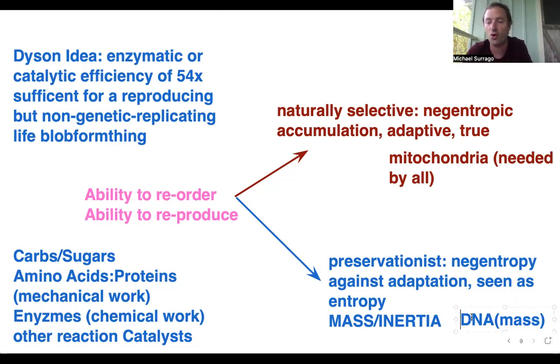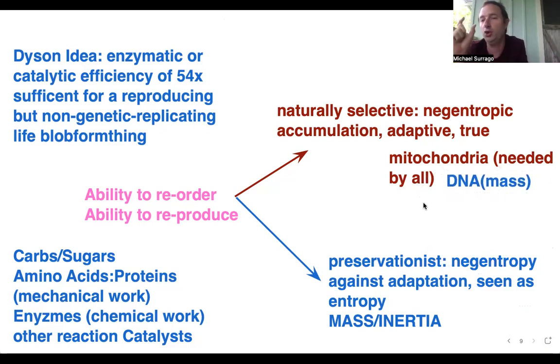So I probably got that wrong down here. Maybe I put that up here, but I still want it to be a kind of blue within the red, if you will. And also this mass or inertia, the preservationist, all of this, there also has to be in here some kind of fire, some kind of other fire or energy.